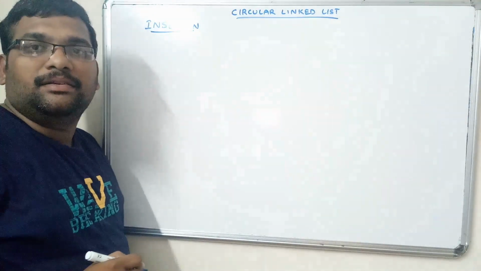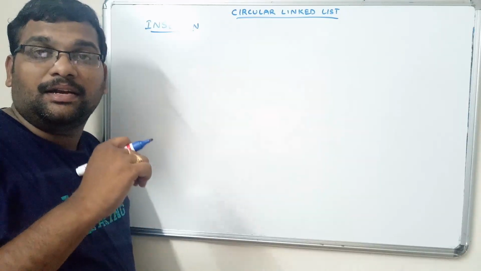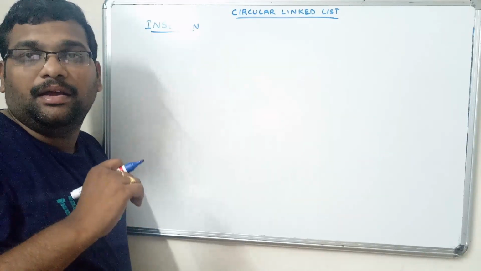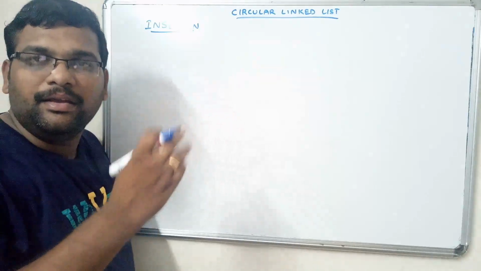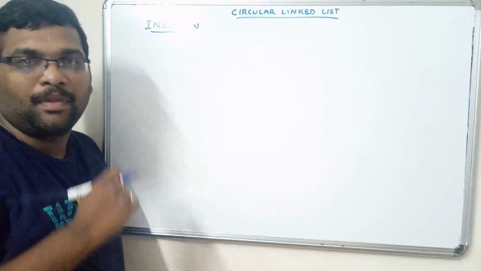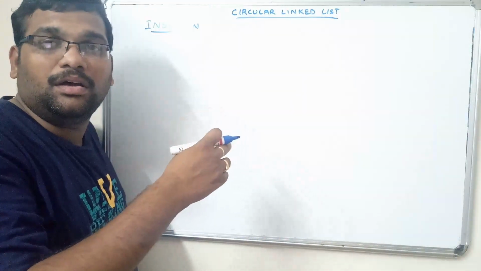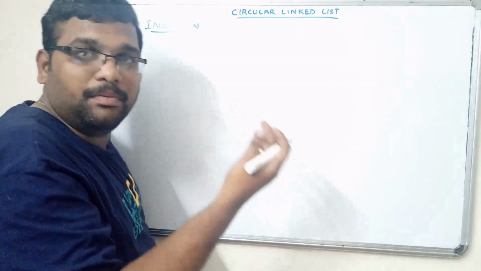So in this insertion we will see three cases. One is inserting the node at the beginning, inserting the node at the ending, and inserting the node at a specific position. Now let us take an example so that you will understand better.